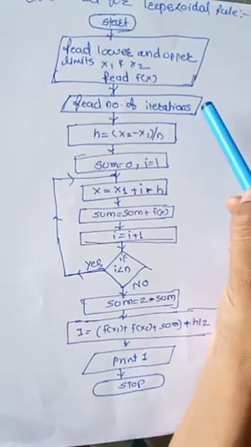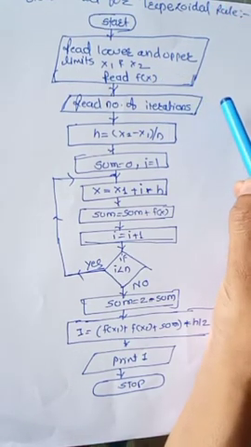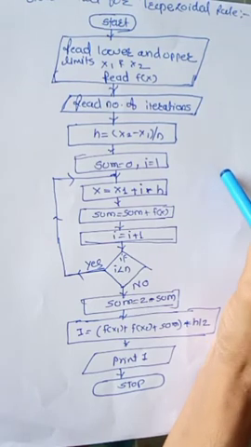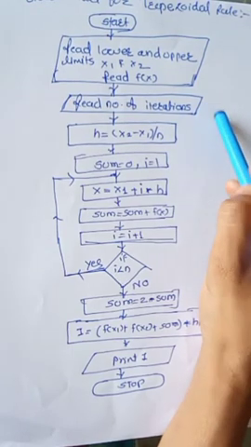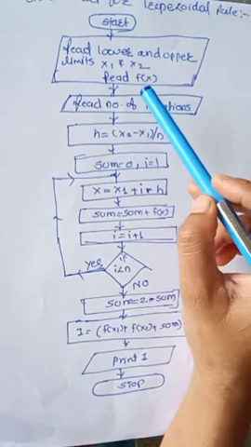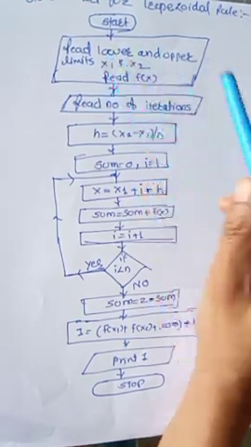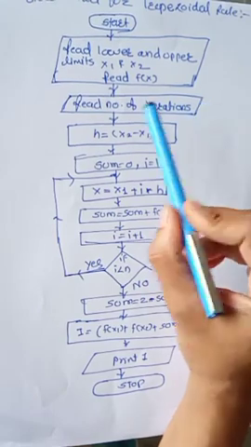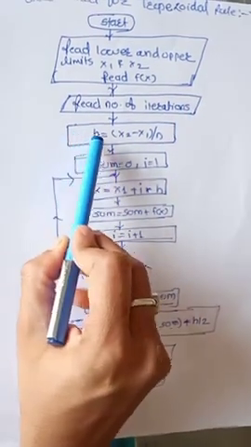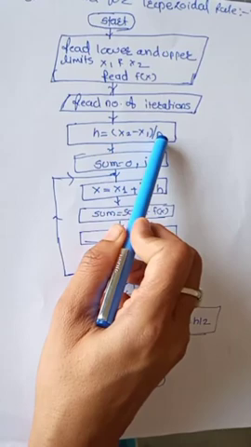Then you have to read the number of iterations, that means the number of steps, that is small n. So now you have the higher limit and lower limit of integration, and you know the number of iterations, then you can calculate h is equal to x2 minus x1 divided by n.